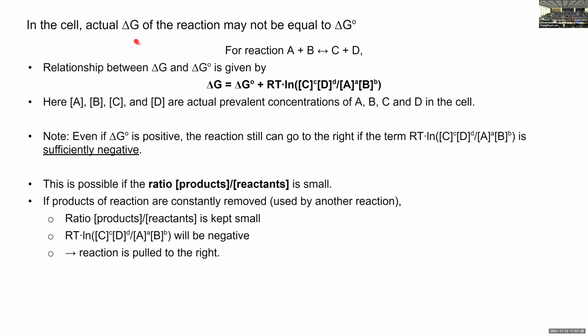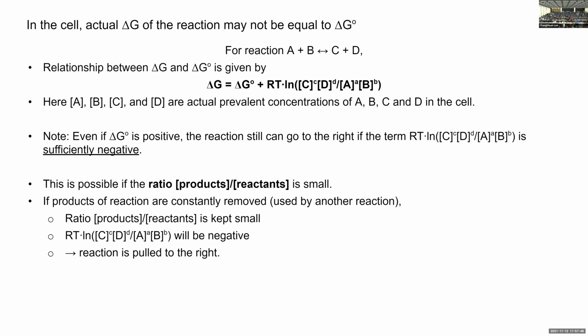So again, here we just talked about delta G naught at the standard state, but delta G, the actual free energy, can be measured. That delta G value, under a normal or physiological condition, can be different from delta G naught.